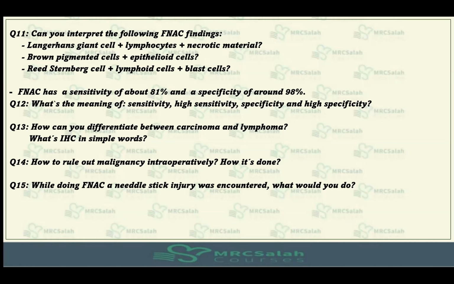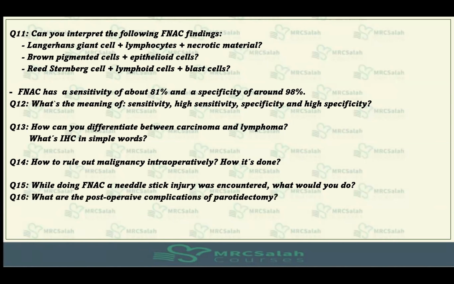I will notify the infection control unit, follow the results, and document the incident. Yes, great. You said it perfectly, but just remember to say I will take a sample from the patient after consenting the patient. It's very important to say consent.